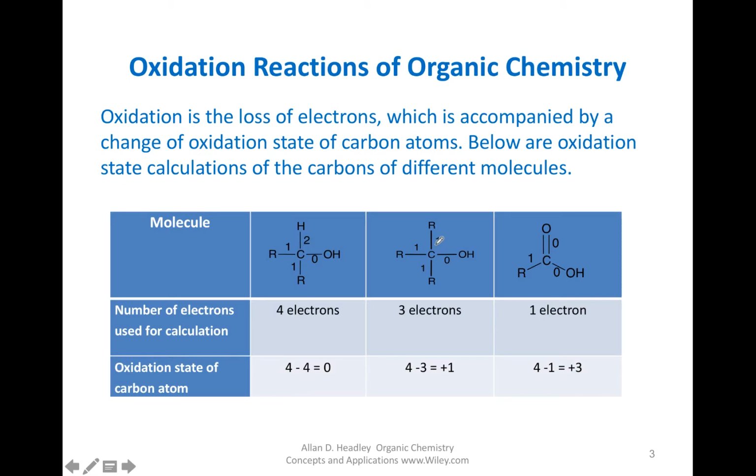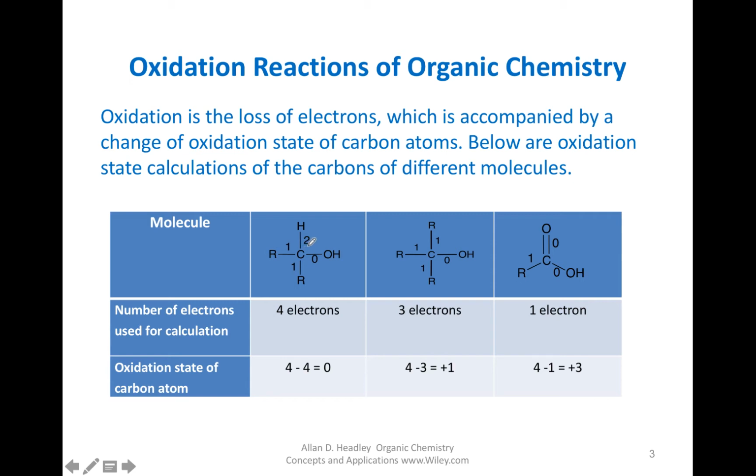Let us turn our attention now to the oxidation states of carbon atoms. It's important to know the oxidation states of carbon atoms because after a reaction it typically changes, essentially, especially if it's an oxidation reaction.